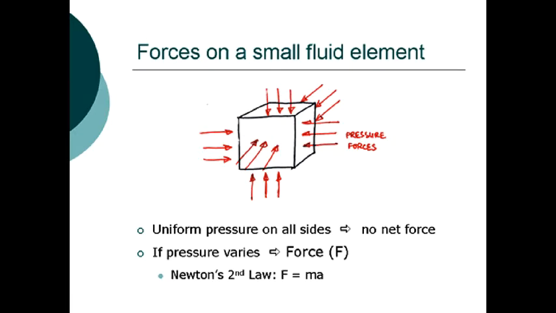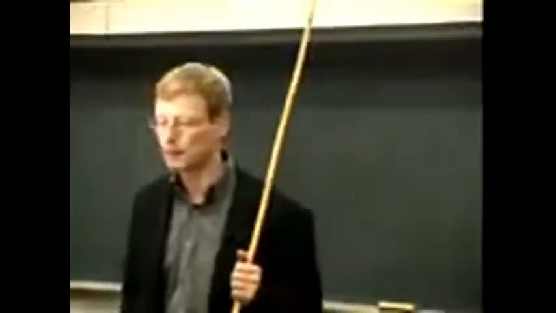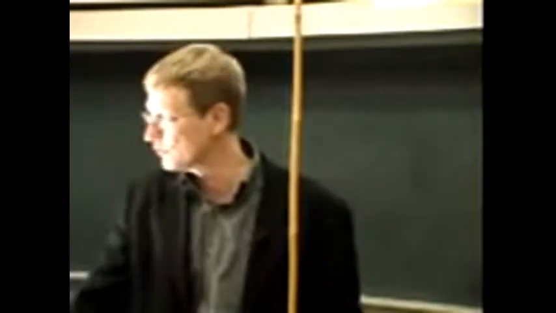But if the pressure varies, and I will come to that in a minute and explain what I mean by varying pressure, but if for some reason the pressure on the left is higher than the pressure on the right, then you can see we will end up having a net pressure force to the right. So if the pressure is not uniform, we might have forces on our imaginary fluid element. And what am I going to do with that force?